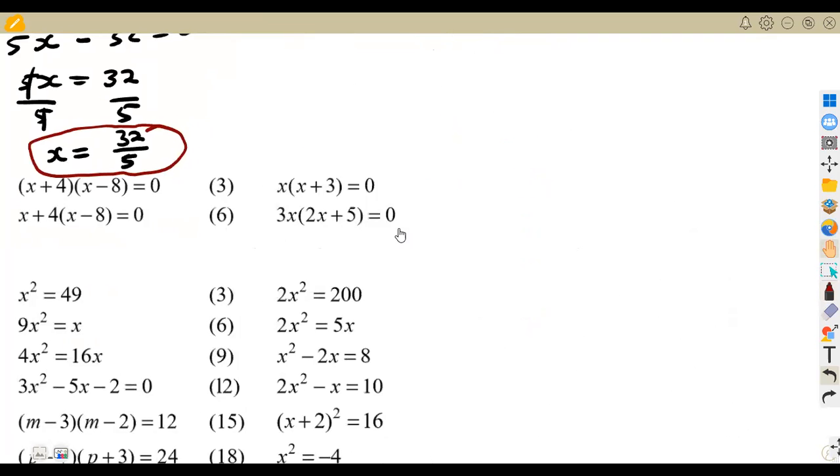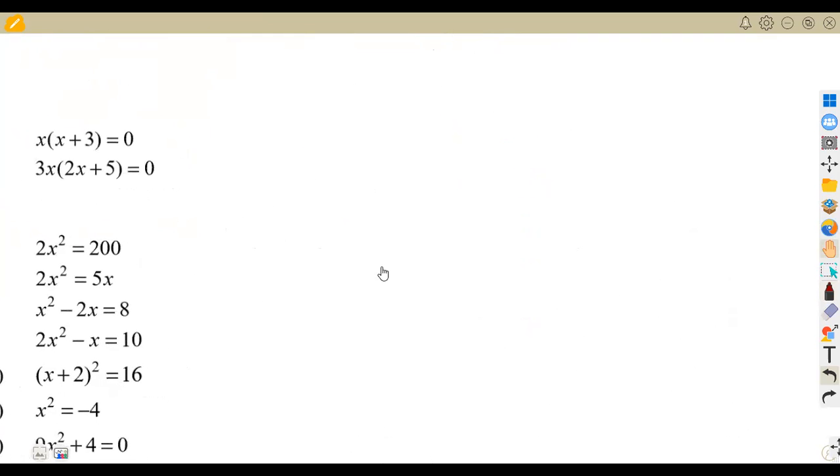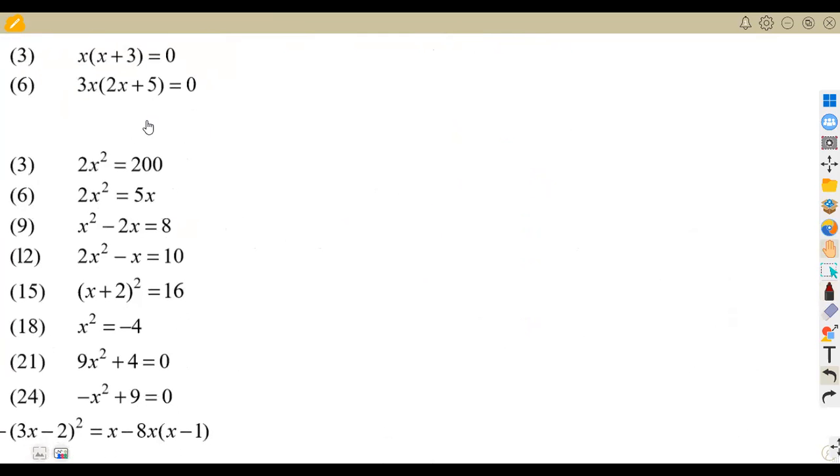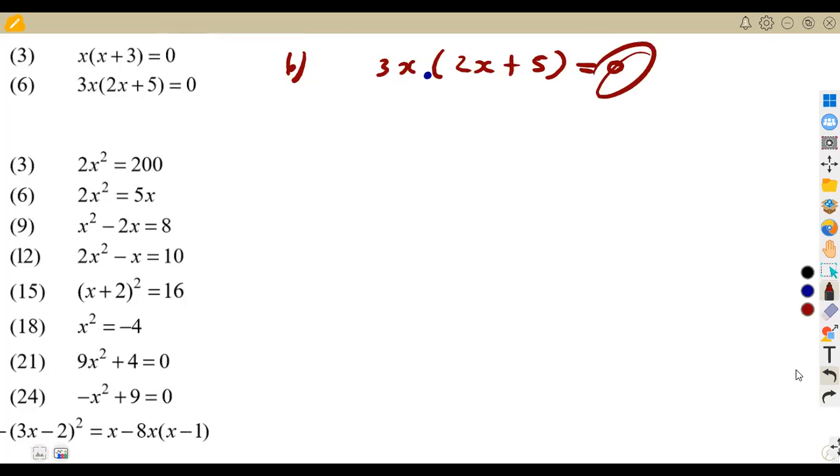Like this part on question number 6, it's a multiplication, and there's no need for me to multiply the brackets. I do not need to multiply this. The moment that is a multiplication on question number 6, 3x into the bracket of 2x plus 5 is equal to 0, as long as here it's a multiplication, as long as I'm working with the multiplication, that means I have to equate one of these two terms to 0 because it is equal to 0.